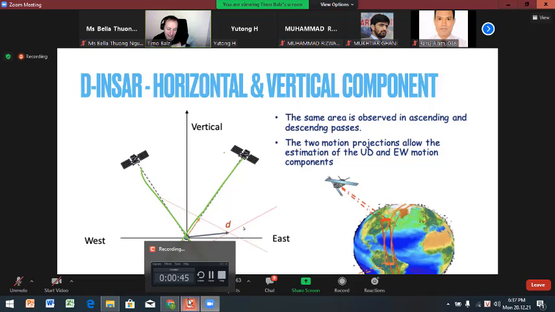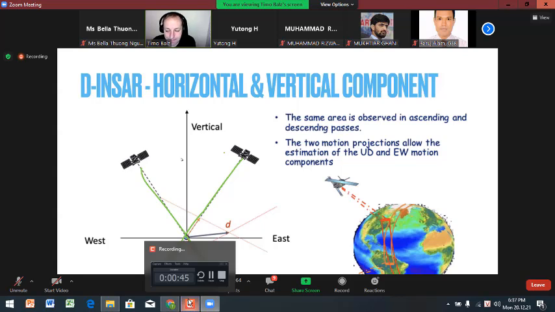So we take the measurements in a certain pixel area from the ascending and the measurements in a certain pixel area from the descending, and then derive the vector for the values in that area. It's a rather simple equation. I'm just thinking, I don't think I have the equation on the slide. I can put it on some slide. It's rather simple, and you can look it up to get the horizontal and up and down measurements.